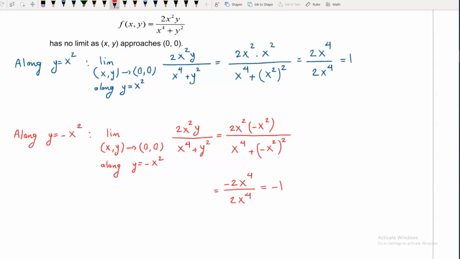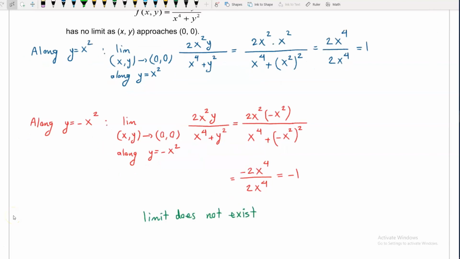So along two different curves, we have two different limits. This means the limit does not exist.